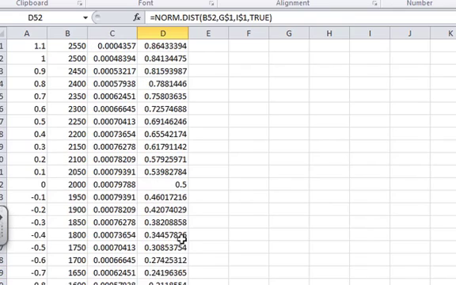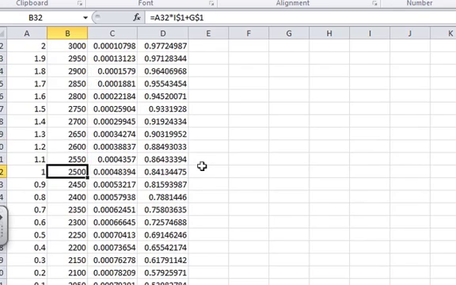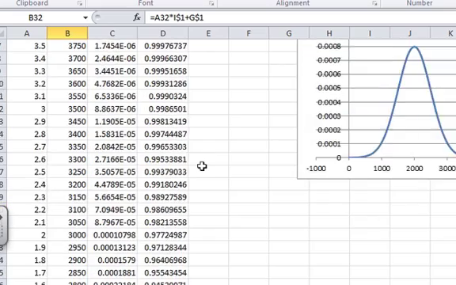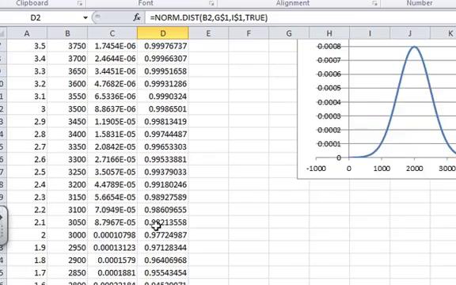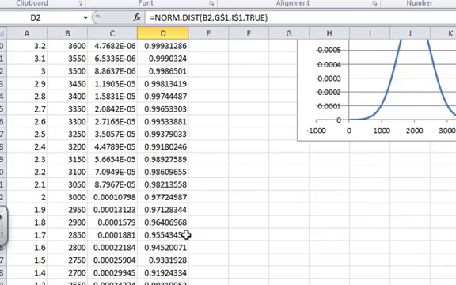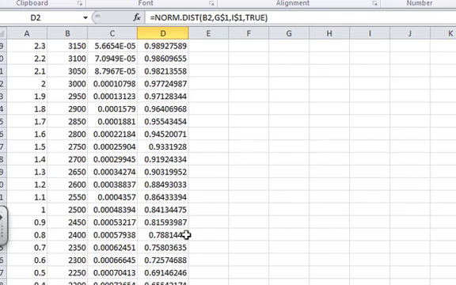And if I cursor up, okay, we have 84% of the data is below one standard deviation above the mean, or below a value of 2500. Okay, so we'll take a look at this. And so that when you get up to standard deviation of 4, if you have a value of 4000, we expect virtually all the data to be below that value of 4000. Okay, so you should see how this matches up with what you know about the normal curve.